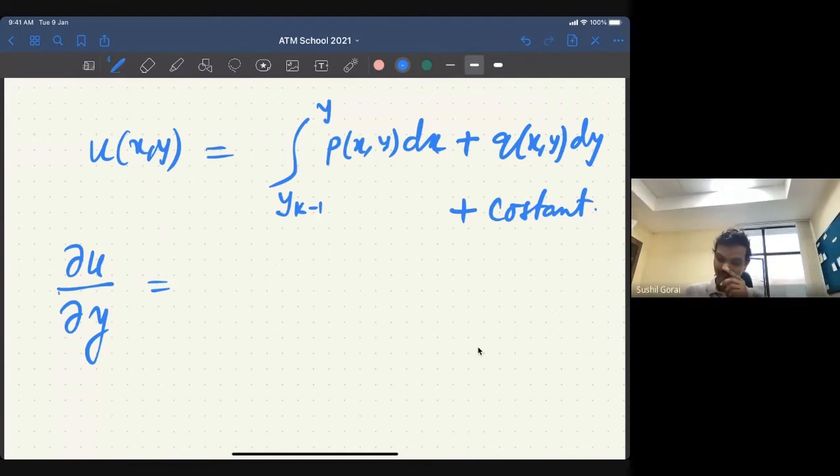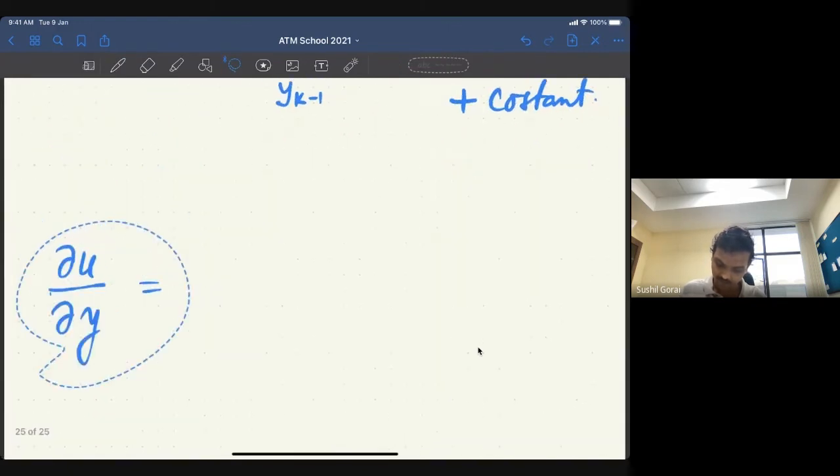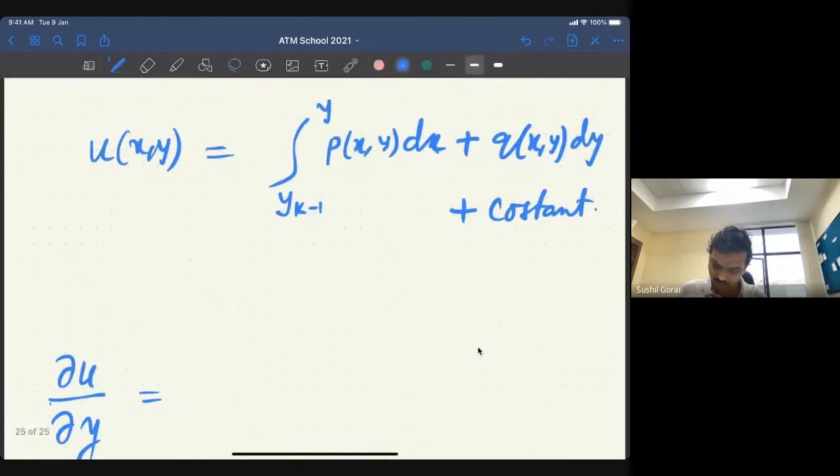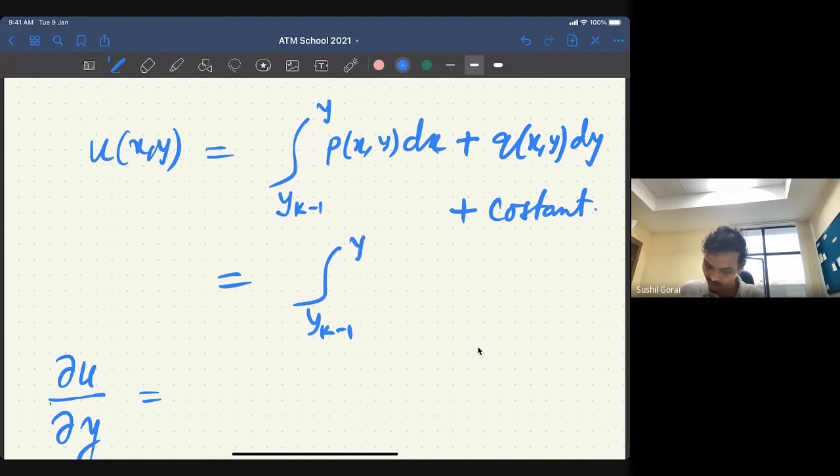So here dx will be 0 on this vertical line because x does not change. So here it would be the integral from y_k-1 to y of q(x,t) dt, if you change the variable here to t, plus constant.